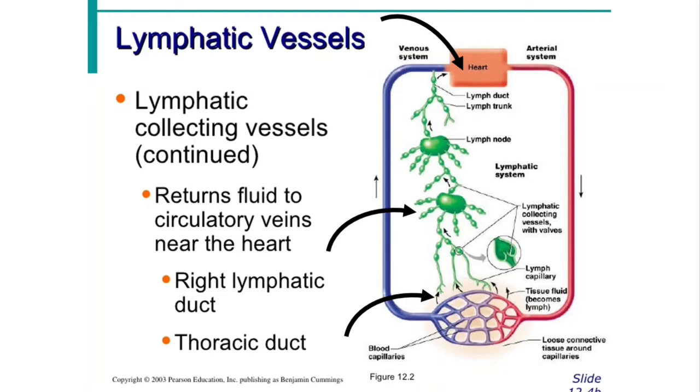A lymph node is a filter for the lymph, and the lymph can pass through one lymph node, and in other instances it passes into 2 or more lymph nodes, and the story ends that the lymphatic vessels will empty into the venous system.